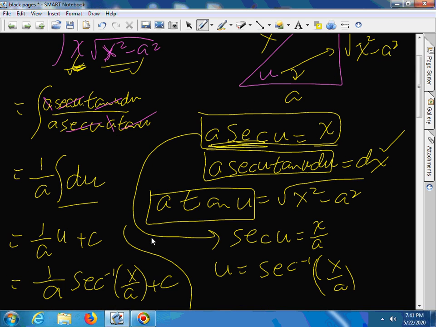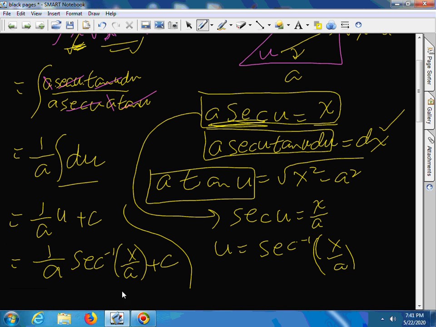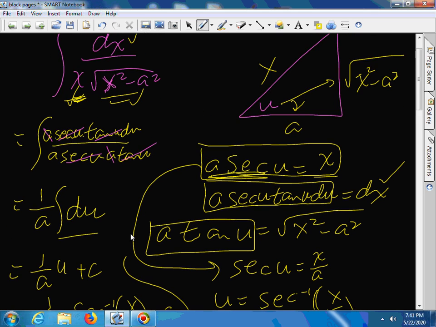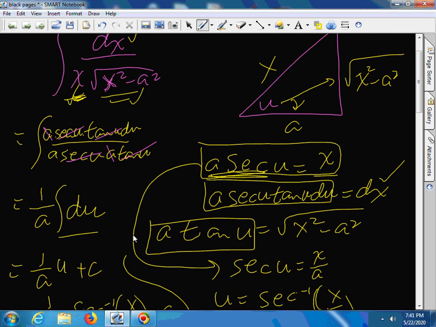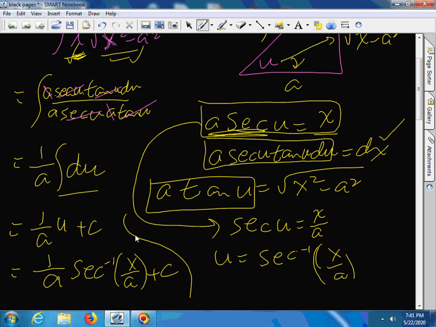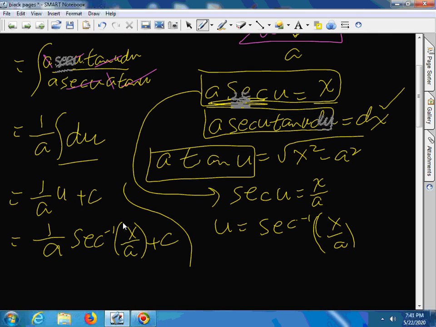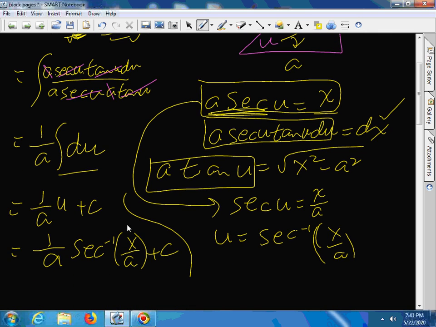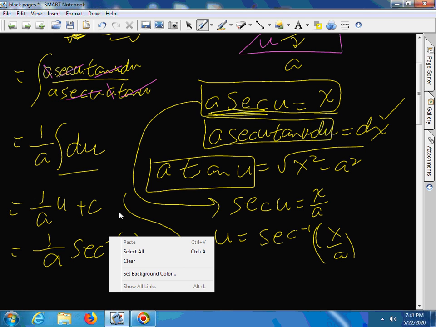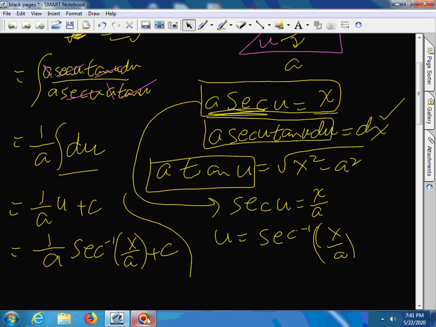You just learn that this is the formula. Whatever a is, it's 1 over a secant inverse of x over a plus a constant. And if x is more complicated, then you do a u substitution and you get it in standard form, and then it works out smoothly. Watch and learn.